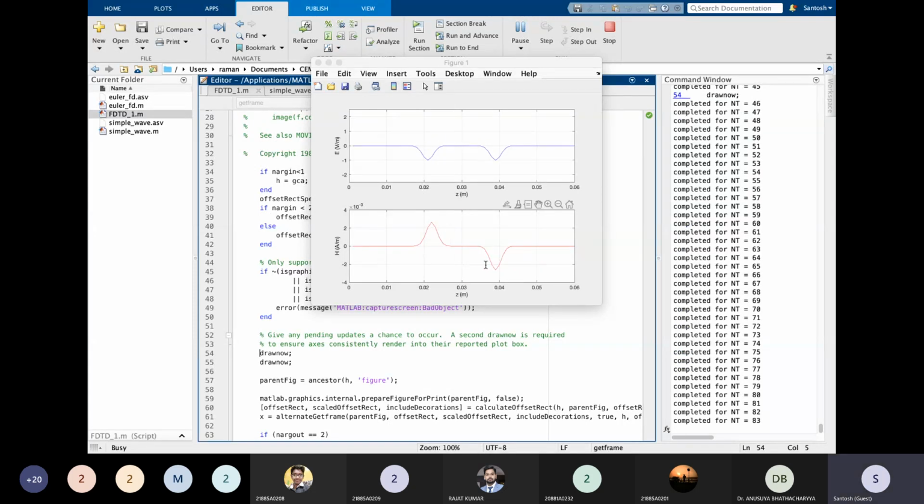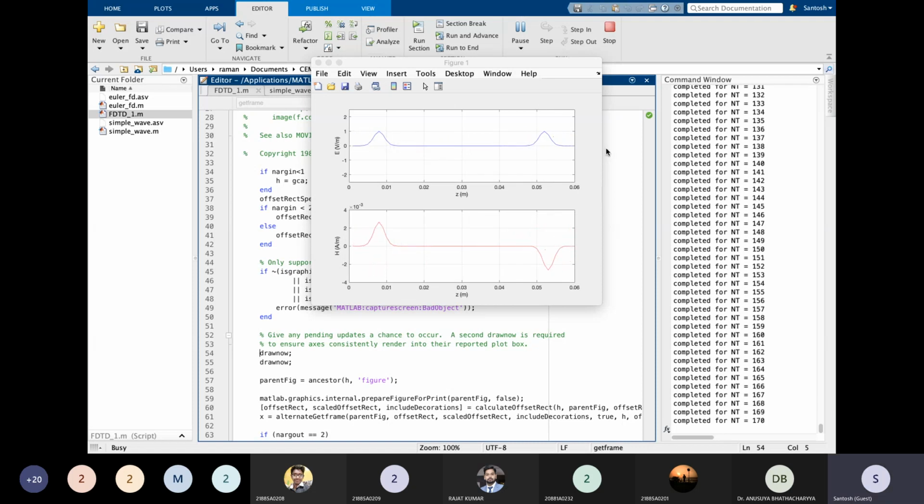You see the magnetic field, it will reverse at the boundary. And if you see the electric field here, the top window, you will see that as it goes to the boundary, it will double itself. When it goes to the boundary, it will double itself just at the boundary point. It's at 1, it will become 2.